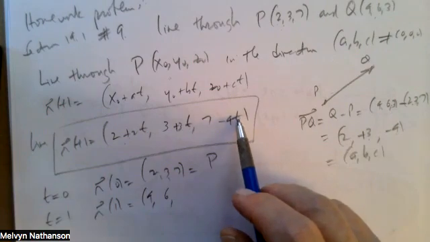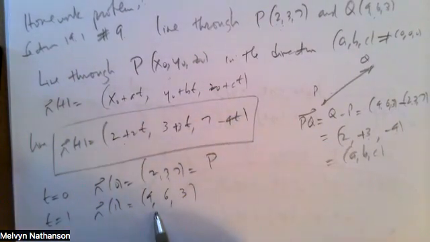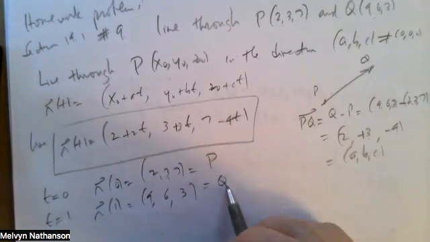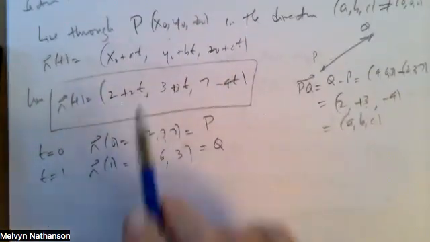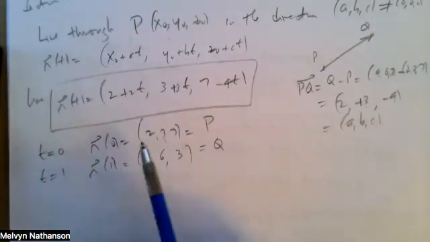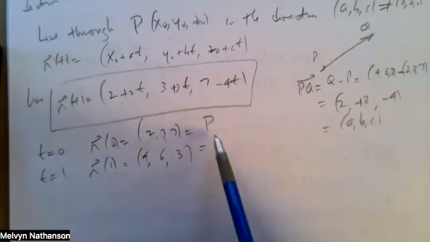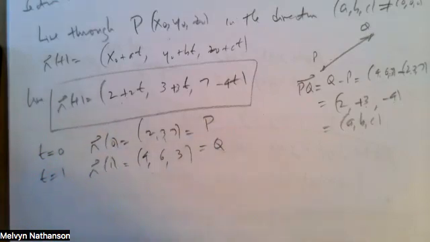And when t is 1, 7 minus 4 is 3. This is the point 4, 6, 3. This is Q. So this line passes through the points P and Q. At time 0, it's at P, and 1 second later, at time t equal 1, it's at Q. Any questions about this? These are all sort of like basic questions about vector valued functions and lines that you could be asked on the midterm.